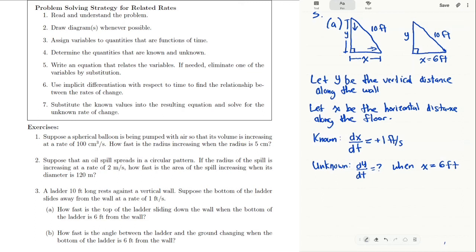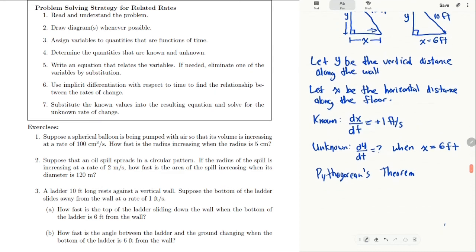So what we have is a right angle triangle, and we can relate the sides of the right angle triangle by using Pythagorean's theorem. So we have that x squared plus y squared is equal to 10 squared.